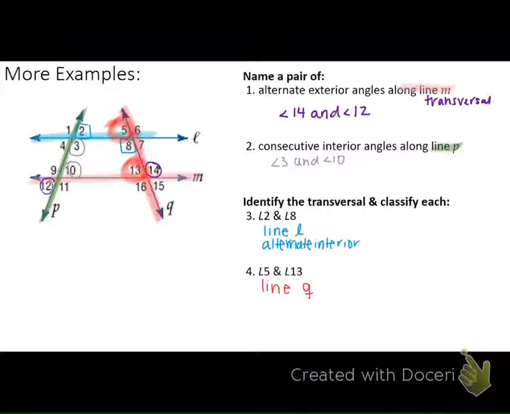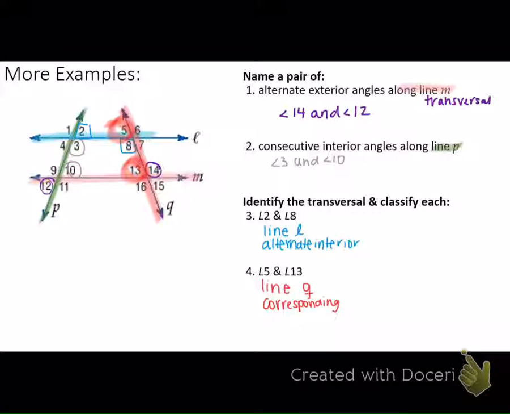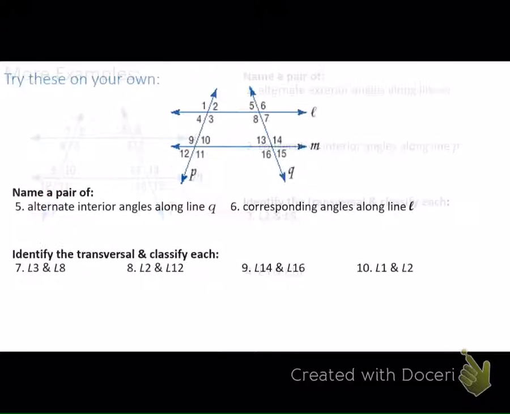They're not both interior, so they're not consecutive interior. They are on the same side of the line. Yeah, they're in the same position. They're both in the upper left, right? So they are corresponding. So questions on that one? Any questions there? Okay, we're going to skip the try these.